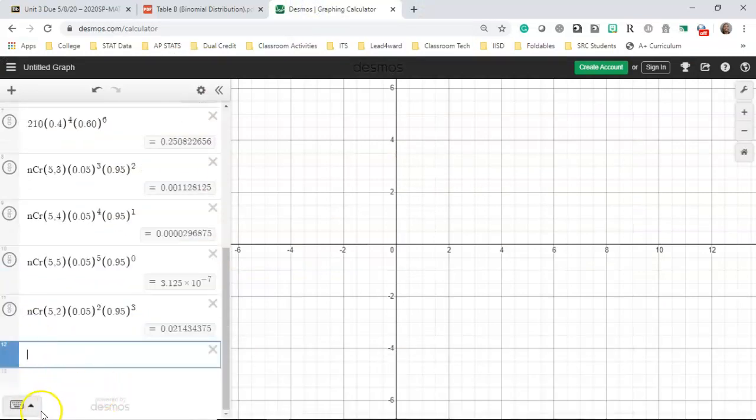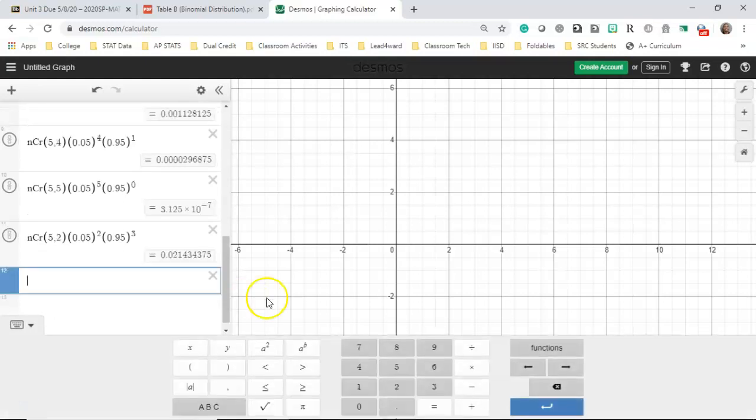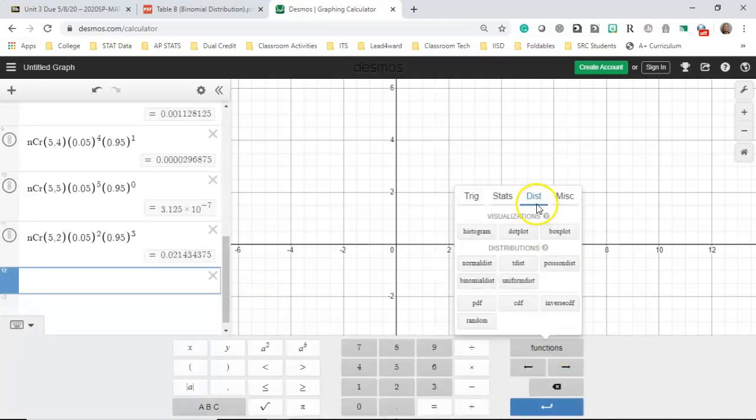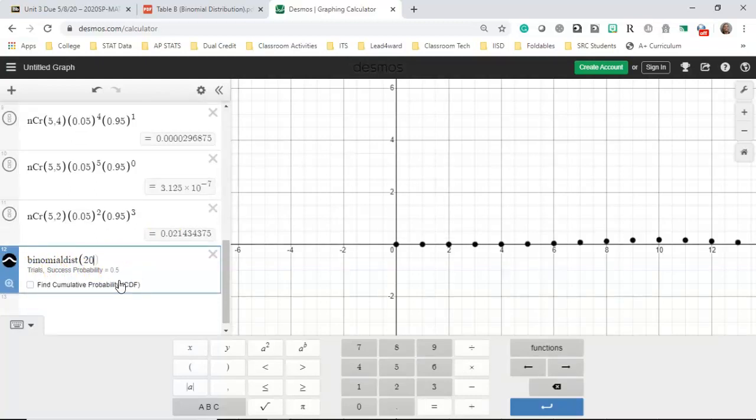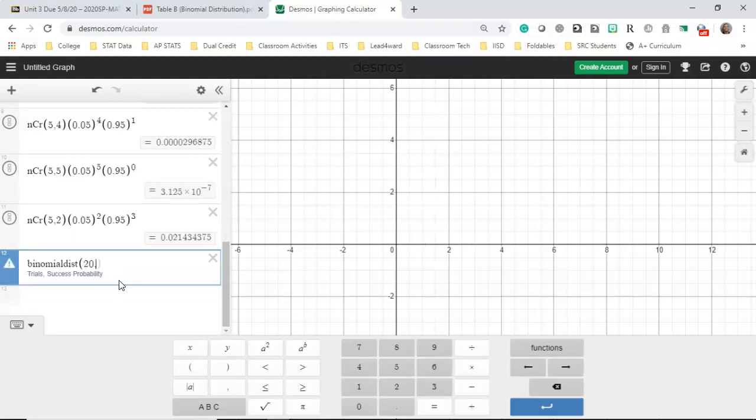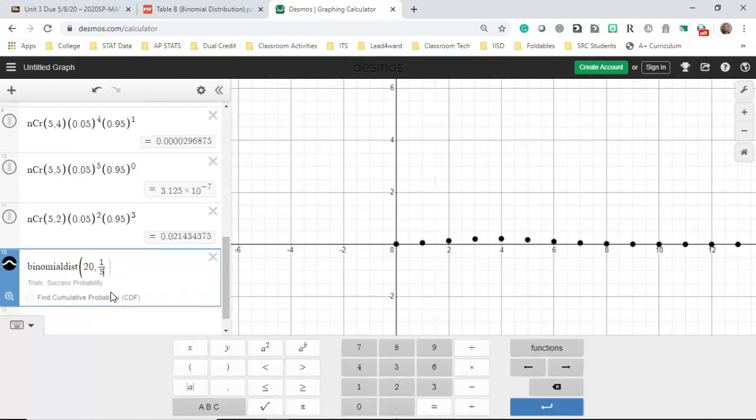You have to click down here, the little keyboard, and click functions, then distribution, and then binomial distribution. And it's going to say in parentheses here, trials, comma, success probability. So 20 trials, comma, success probability. So I can put 1/5.